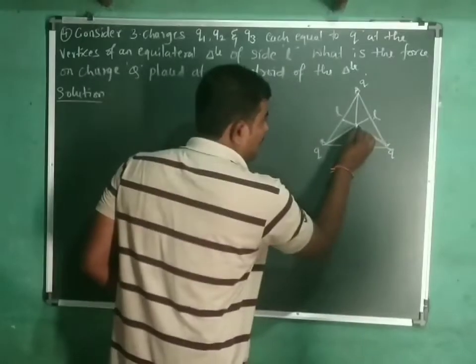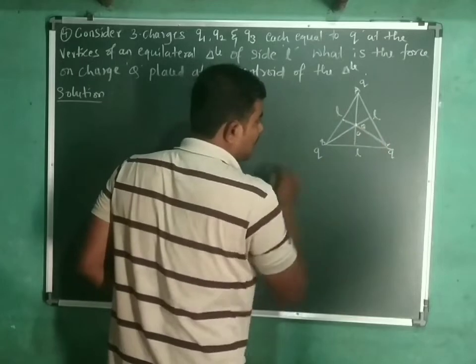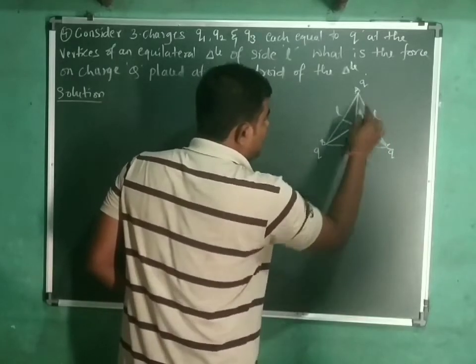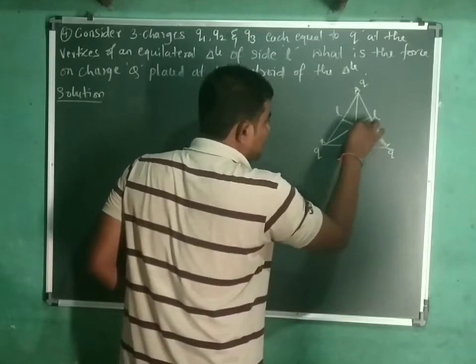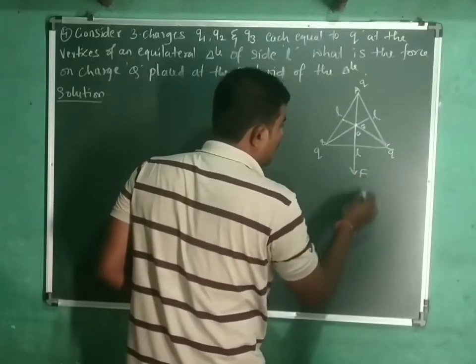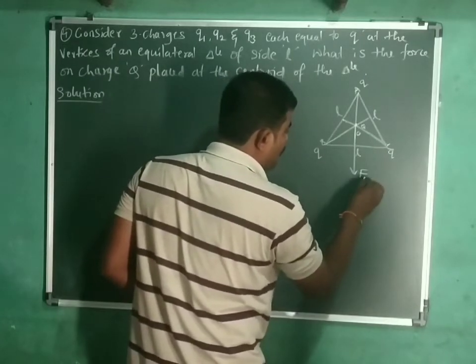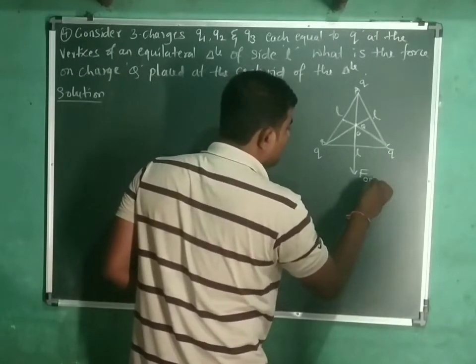Please remember, if I place a charge Q here, this A charge will repel this charge in this direction. Let us call it force on O due to A, FOA.